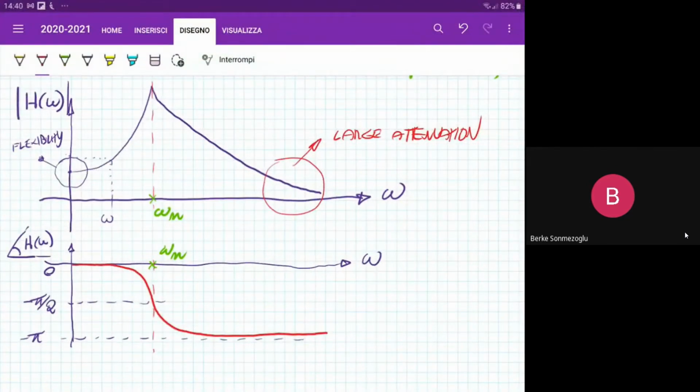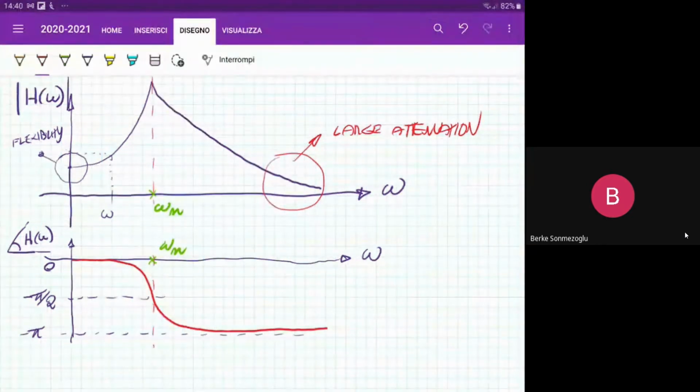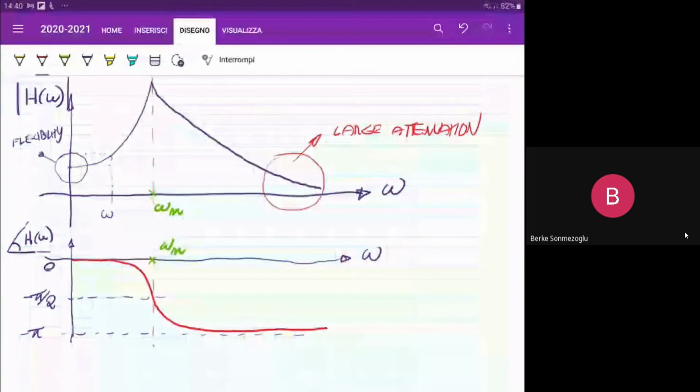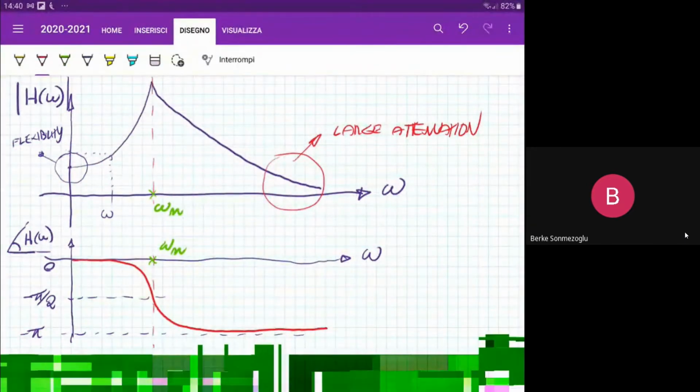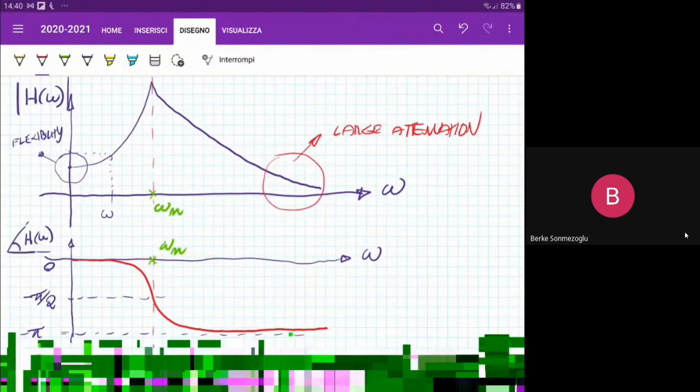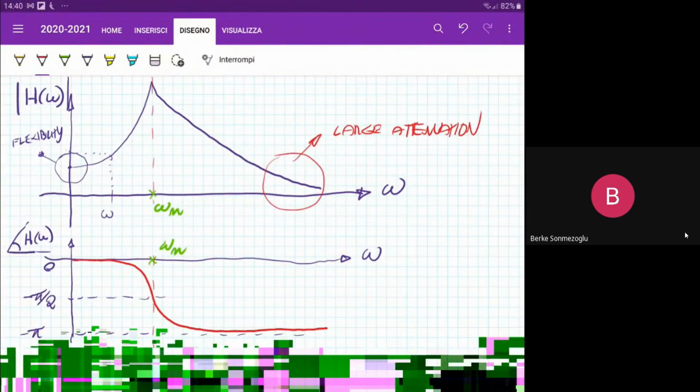And that is the specific condition that we refer to as the quadrature condition, in which the input and the output are orthogonal to each other. There is no interaction at all. But as soon as the frequency of the unitary excitation is getting higher than the natural frequency, as we can see, there is a further delay of your response with respect to your input.